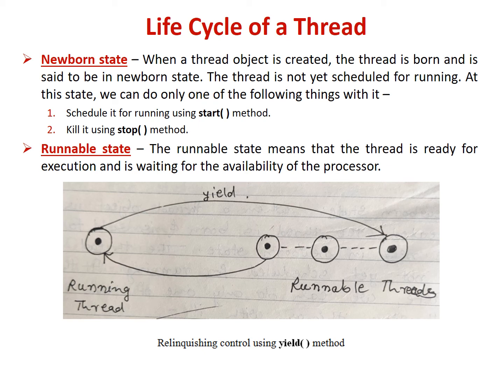The thread that relinquishes control joins the queue at the end and again waits for its turn. The process of assigning time to threads is known as time slicing. However, if we want a thread to relinquish control to another thread of equal priority before its turn comes, we can do so by using the yield method as shown in the figure.